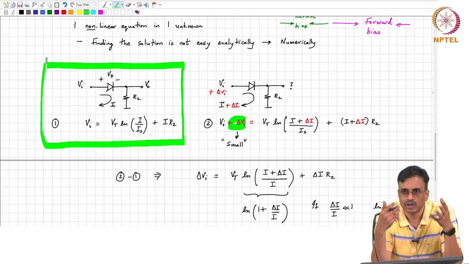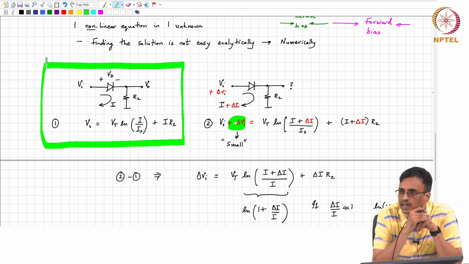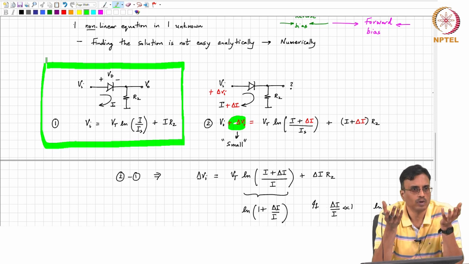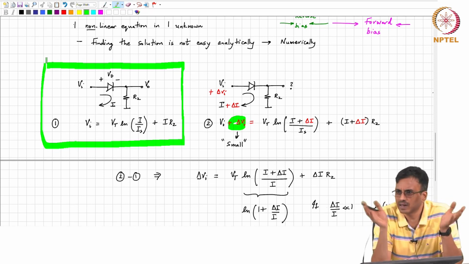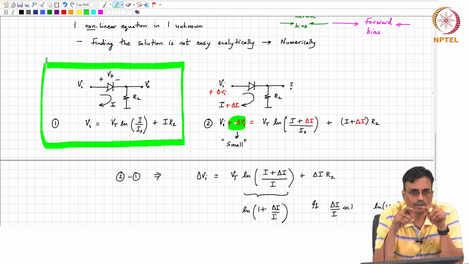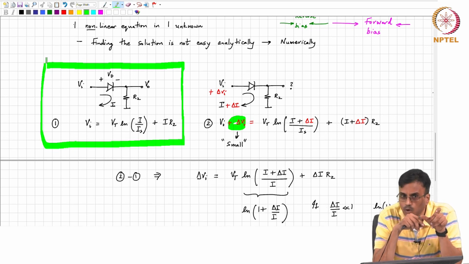Now, if you have 10 nodes and a lot of nonlinear elements, what comment can we make? What will you do? You write all the KCL equations at every node, correct, and now unfortunately because the elements are nonlinear, what comment can we make?